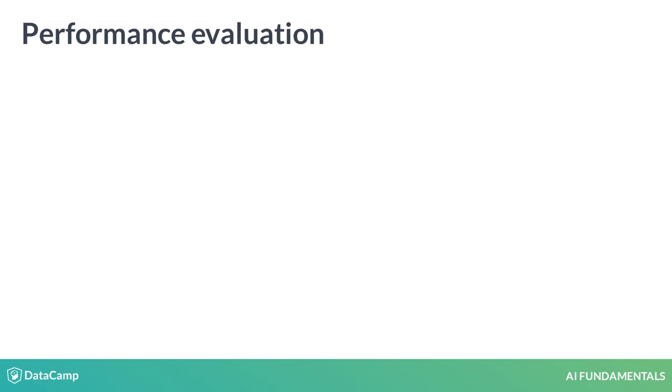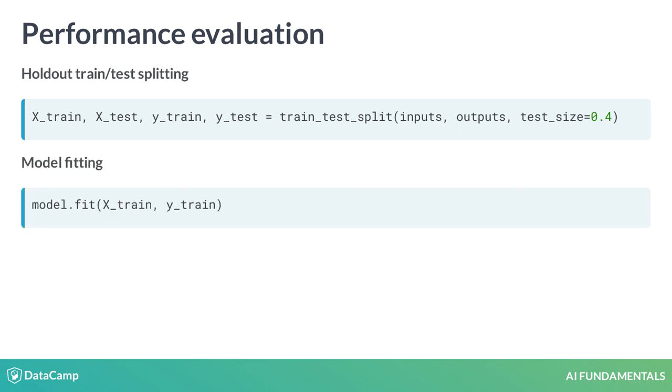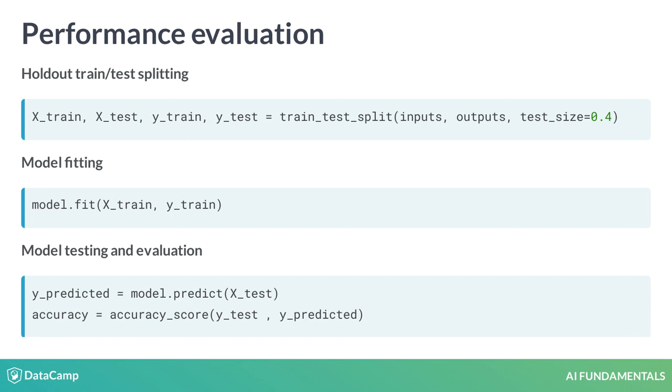The simplest way to do this is to apply the holdout approach, where we usually use around 60% of all available labeled data for training and the remaining 40% for testing. Comparing the model predictions on the test inputs with the known test outputs gives us a picture of our model's performance.